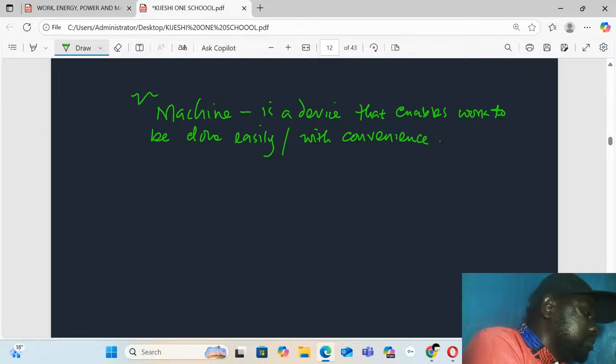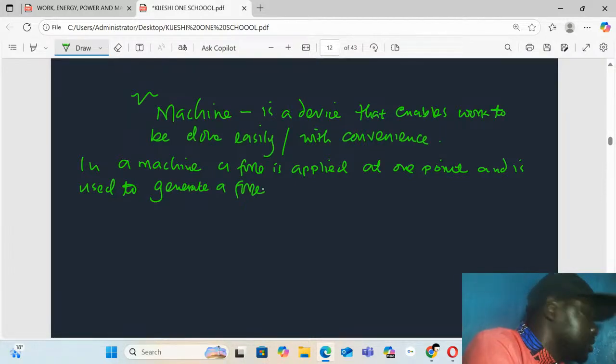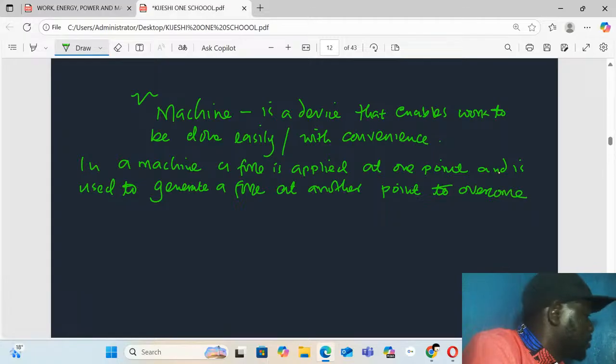Therefore, in a machine, a force is applied at one point and is used to generate a force at another point to overcome a load.